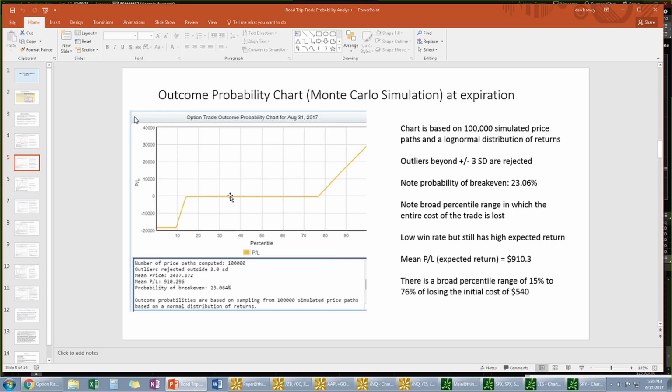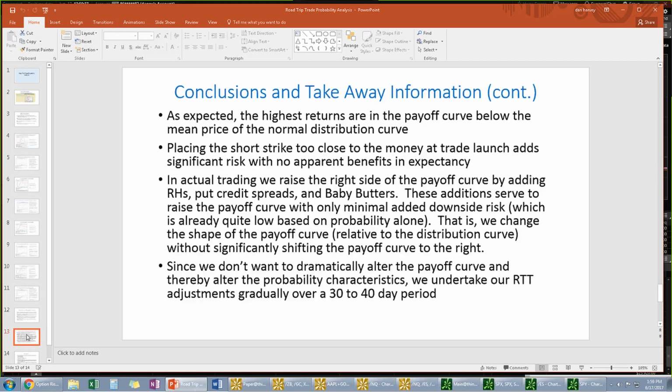We are trying to narrow that range as much as we possibly can without significantly changing the probability performance characteristics of the rest of the curve.